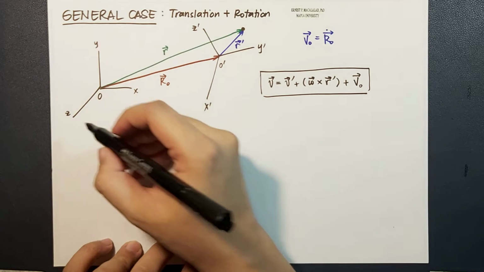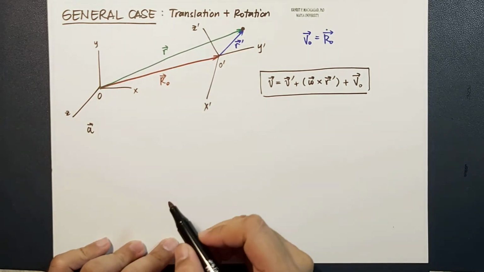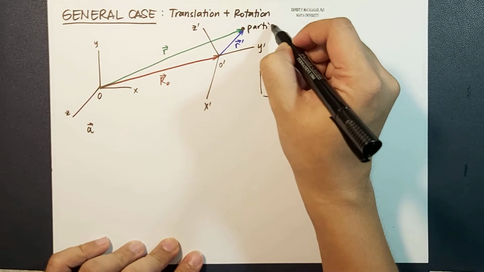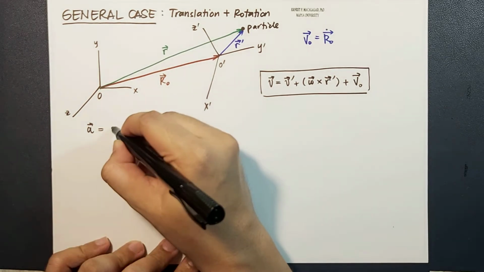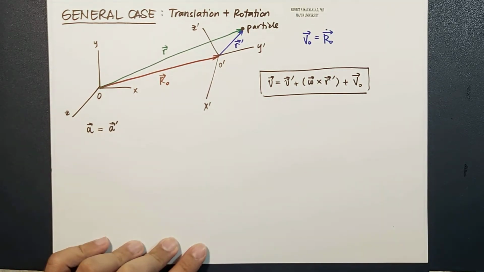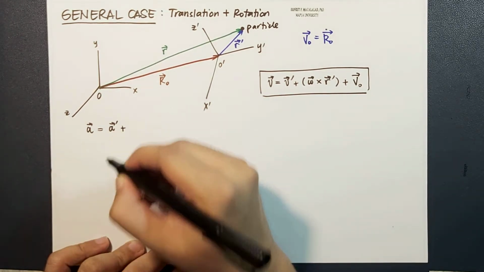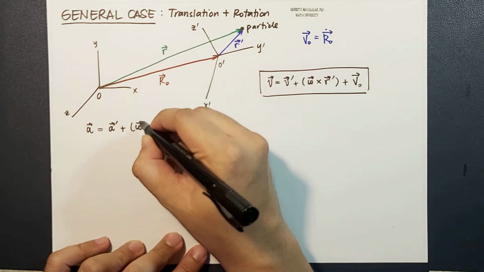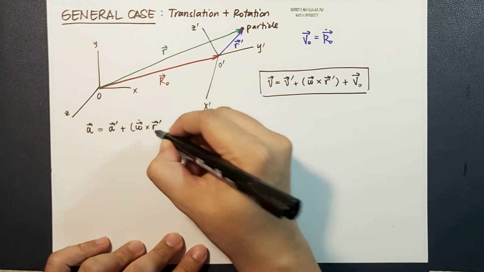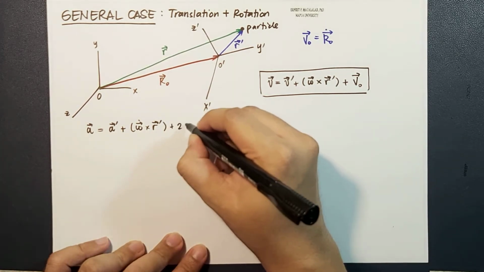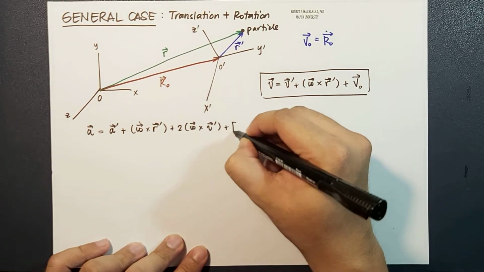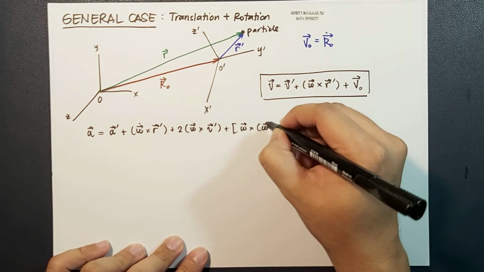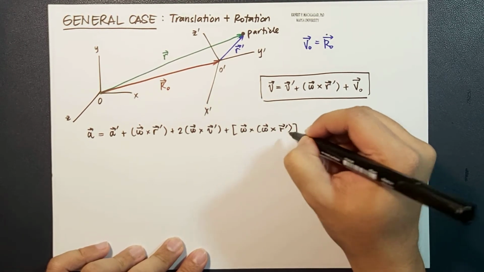Now, on the other hand, the acceleration of this particle in the fixed frame is a combination of the acceleration of the particle with respect to the moving, rotating frame, plus omega dot cross r prime, plus 2 omega cross v prime, plus omega cross omega cross r prime.